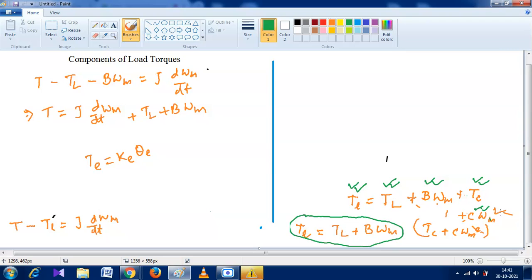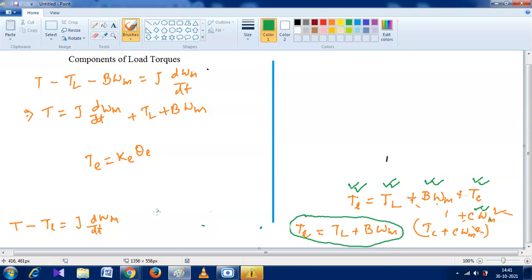T minus TL is equal to J d/dt of omega m.